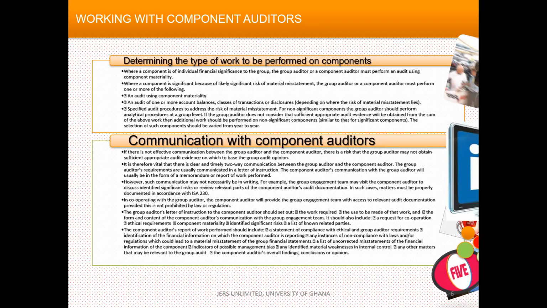That's what we need to understand. The component auditor must understand what is the work required and what is the use to be made of that work. And the form and content of the component auditor's communication with the group engagement team. So we need to set out the communication parameters right from the beginning. What will be the form and what will be the content of the communication with the group engagement team.